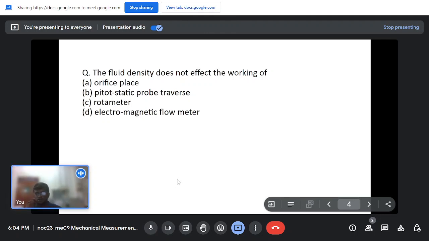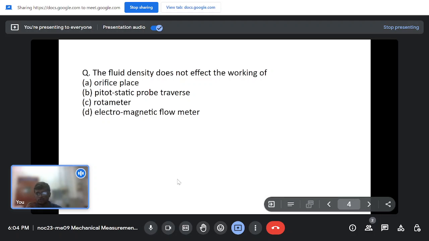So as you know, in an orifice meter you have a disc with a hole inside, which is put in the tube as an obstruction, so that is an orifice type meter. And you have a pitot static tube, which is a probe where you measure static as well as dynamic pressures, and you measure the difference, which will give you the velocity.